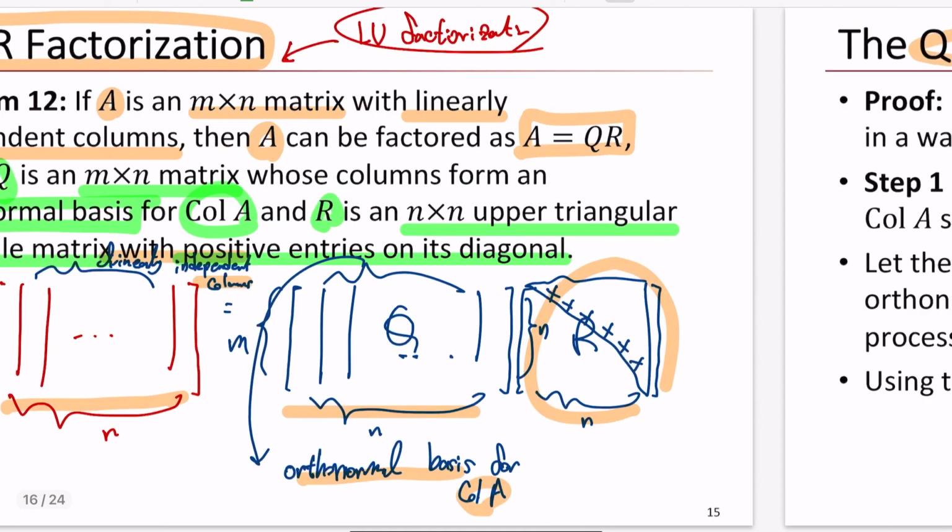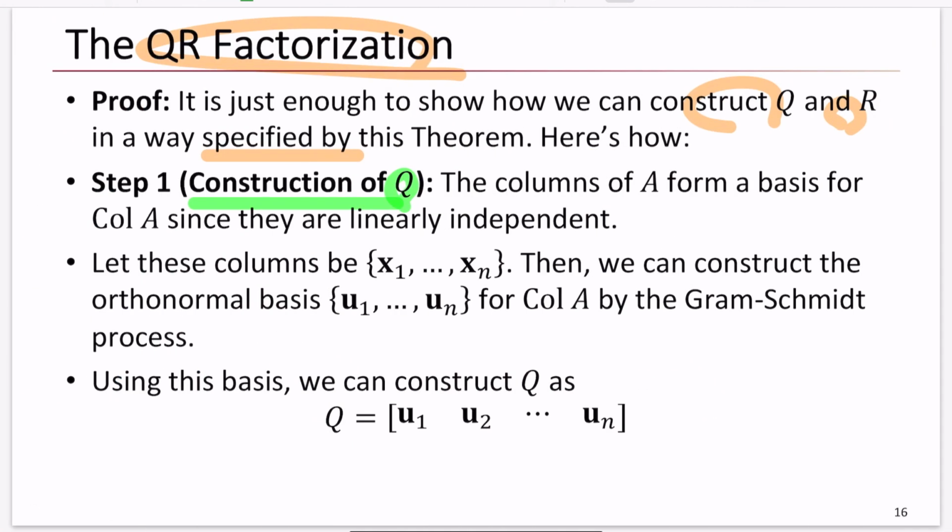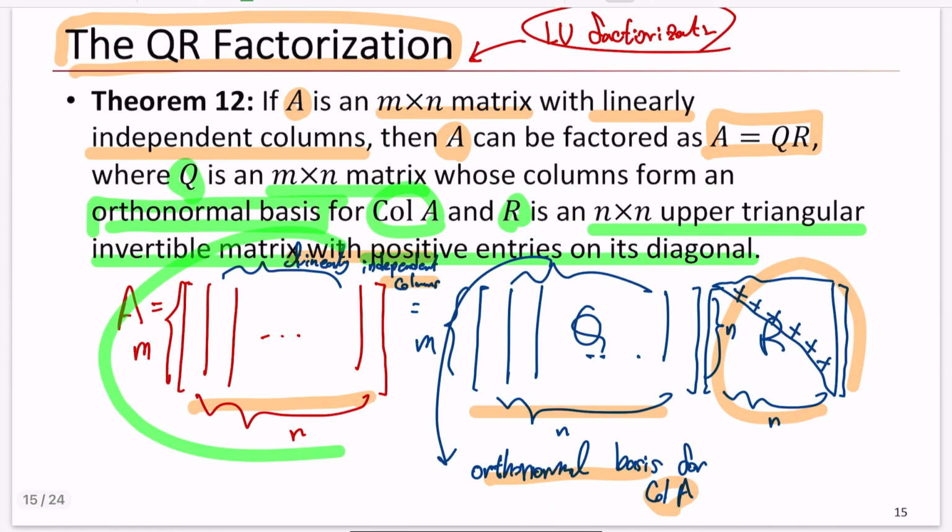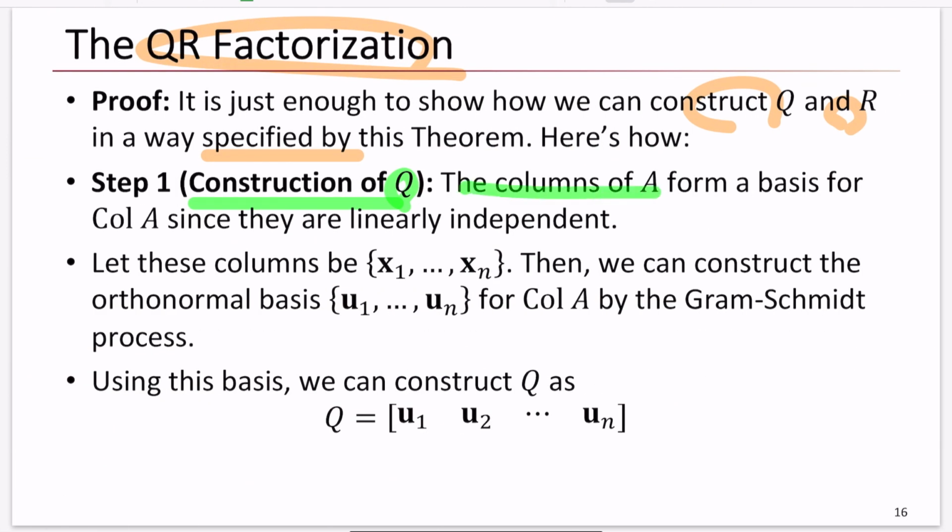First of all, in this definition, the columns of matrix A form a basis for the column space of matrix A. Why? Because they are linearly independent and span the column space. So the columns themselves form a basis.